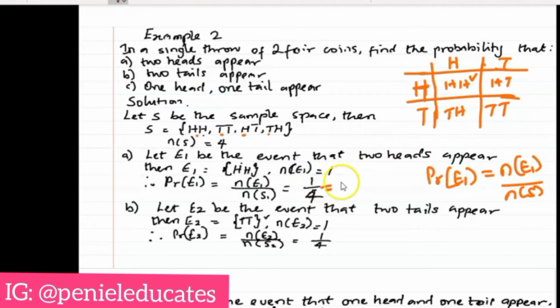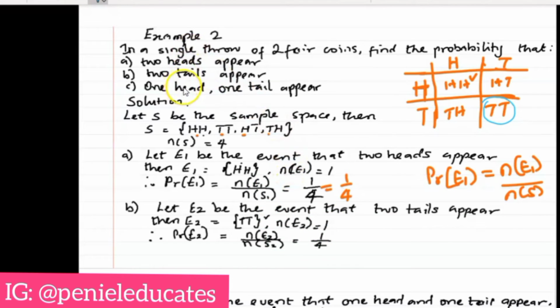Our answer is 1 over 4, where 4 is the sample space. Then 2 tails appear. This is the only time 2 tails can appear, so it's also 1 over 4, the same sample space.